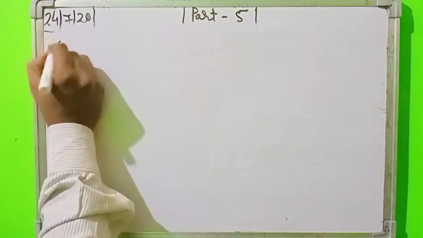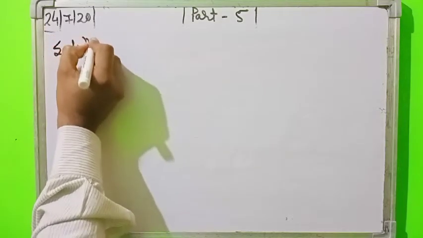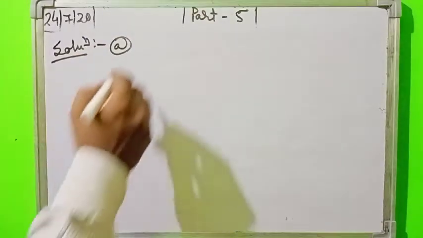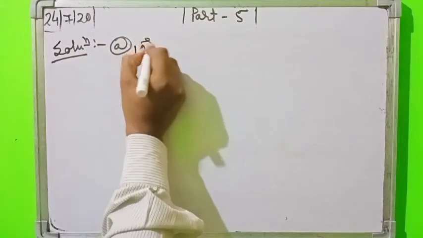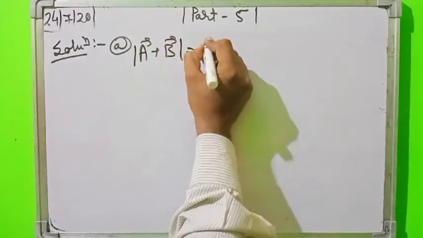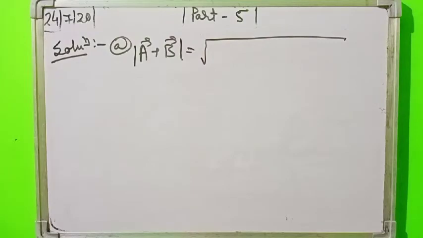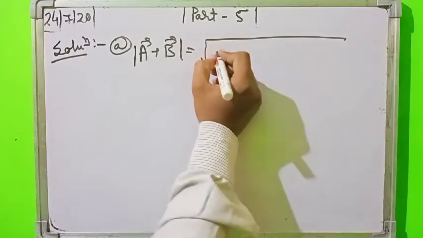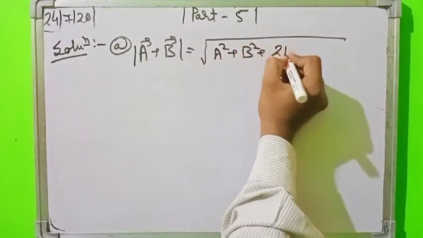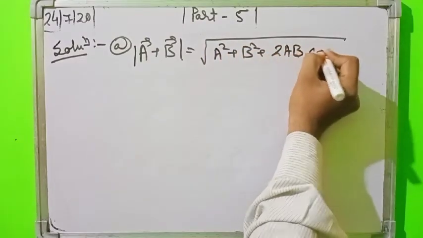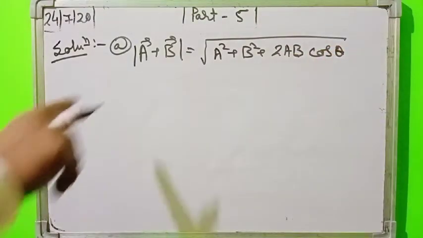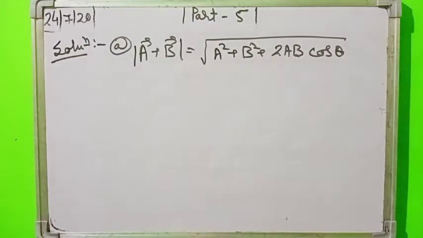So the solution of the first part is: mod of vector A plus vector B is equal to under root A square plus B square plus 2AB cos theta. This is the magnitude of the resultant of these two vectors.